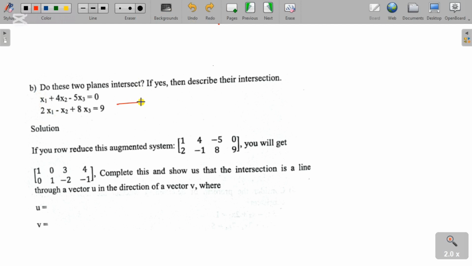Okay, so let me put it this way. So let that algorithm be R2 minus, of course, if you multiply this by 2, it will give you the same coefficient like this, and so a subtraction will make this become 0. All right, so this algorithm will be enough to eliminate this.